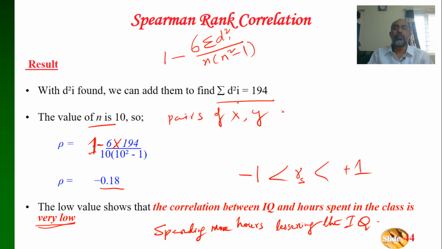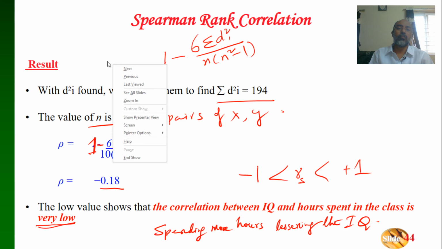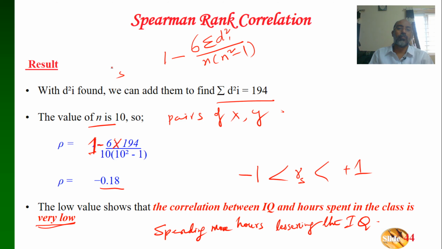This is the formula for Spearman's rank correlation, small r, also called rho.